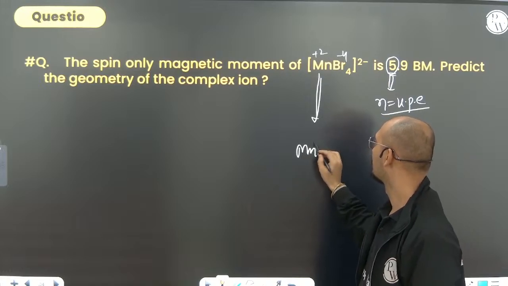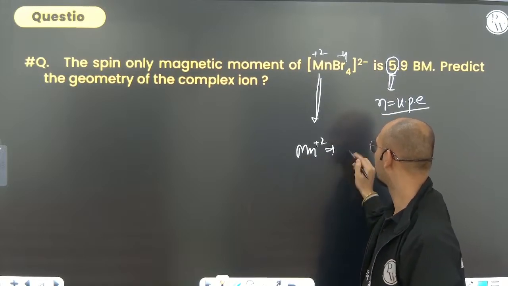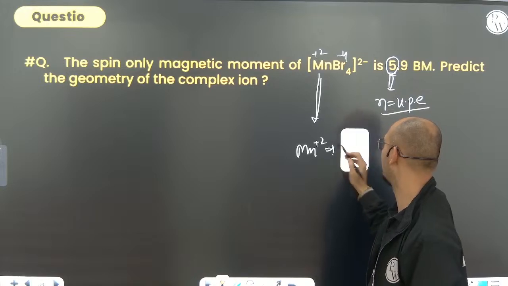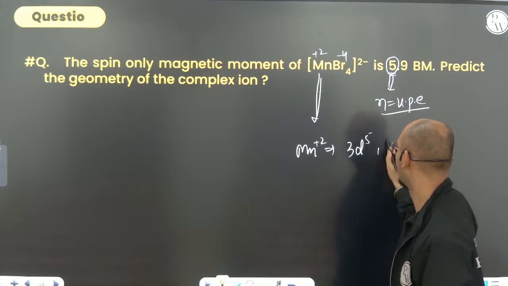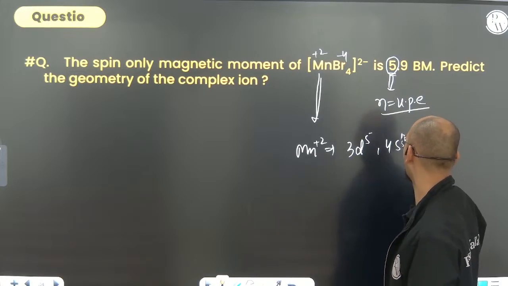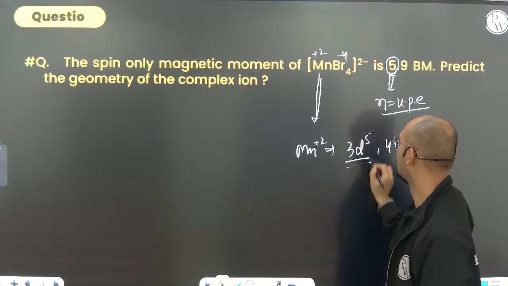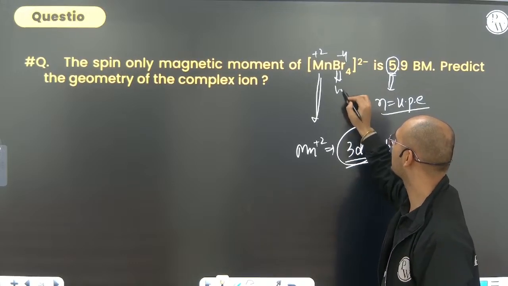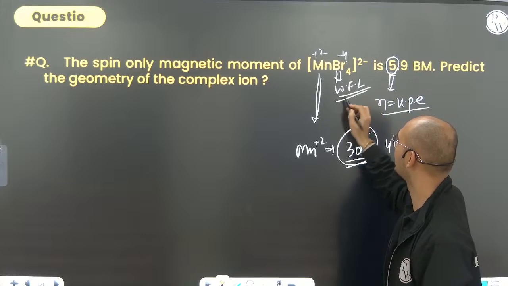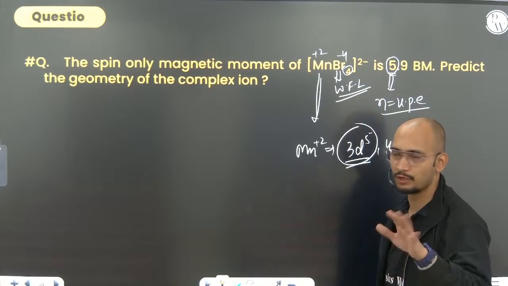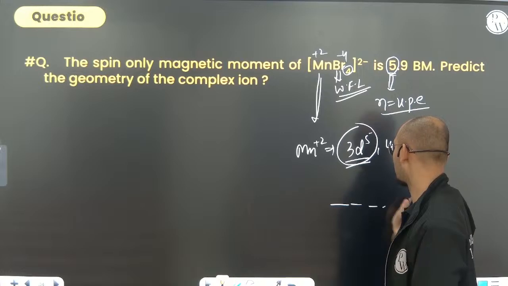So Mn2+ is 4s0 3d5 4p0. Can you see 3d5? And bromine is a weak field ligand. How many bromines are there? 4. So can you see what will happen? 1 2 3 d.